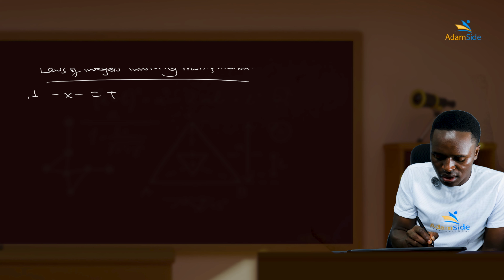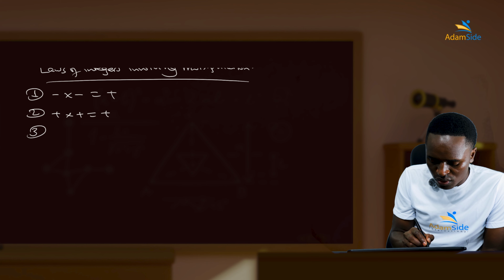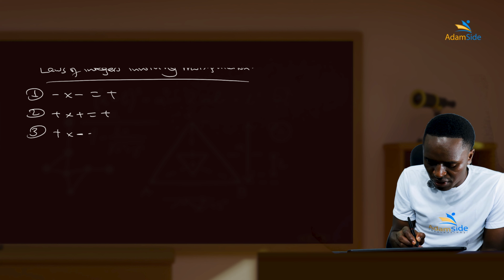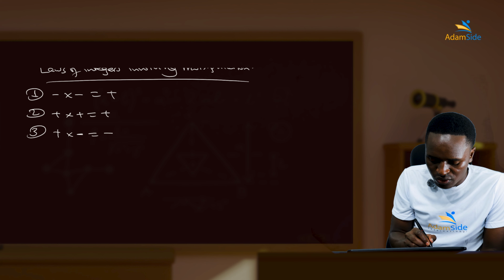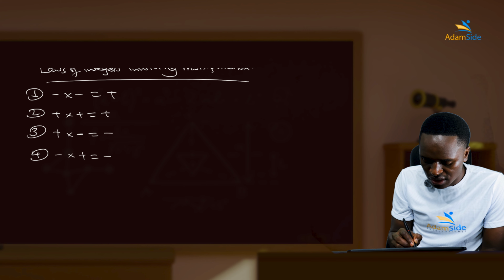Rule number 2: positive times positive, you get your answer as positive. Rule number 3: a positive number multiplied by a negative number, your answer is negative. Rule number 4: a negative whole number multiplied by a positive whole number, your answer will be negative.